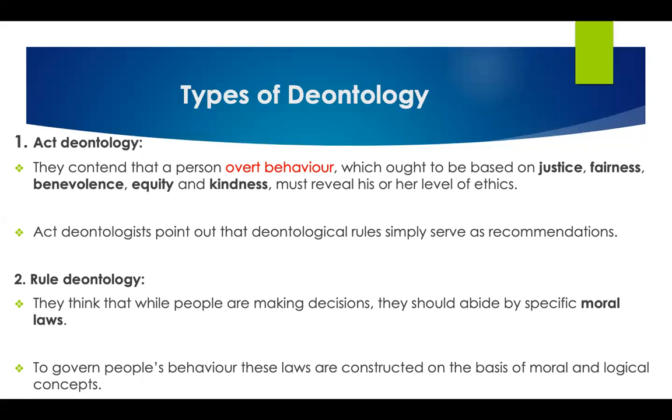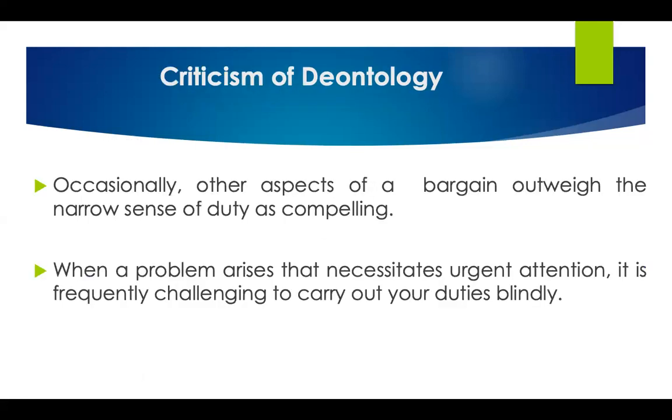But the question is whether that particular law is moral, whether it is logical to have such a law. Okay. So rule deontology emphasizes obedience of moral laws, and then act deontology emphasizes or focuses on your overt behavior, the actual behavior that you put up. That will determine whether what you do is ethical or not.